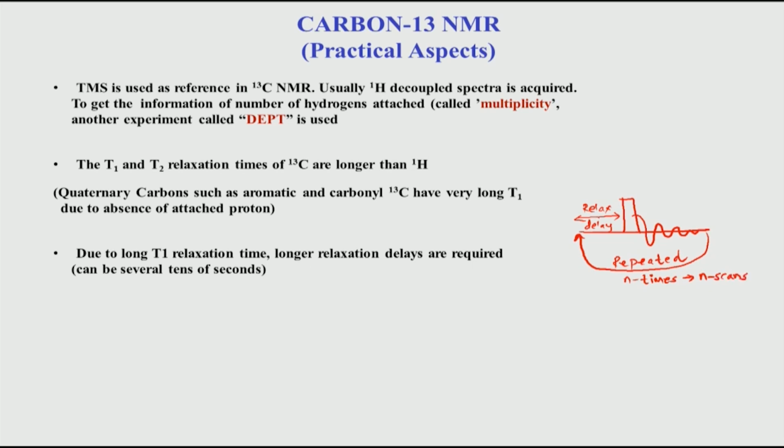Now, this relaxation delay is basically a recovery of the signal. When it is here, the signal is basically 0, and then it slowly recovers and goes to full at this position. This is almost 99% when it comes to this time after a long time.